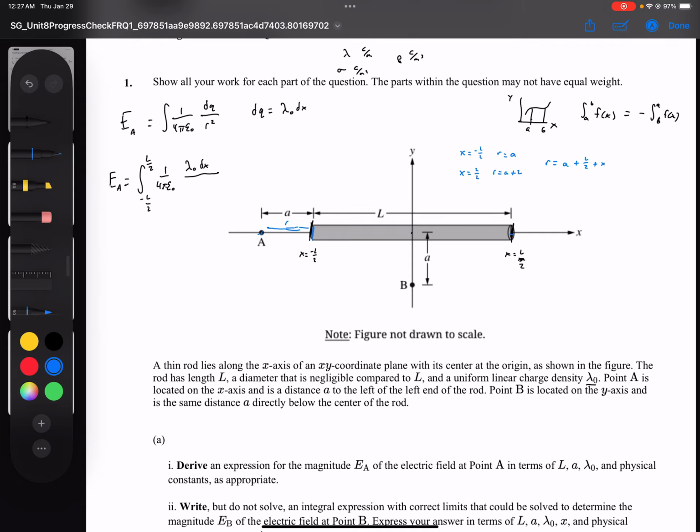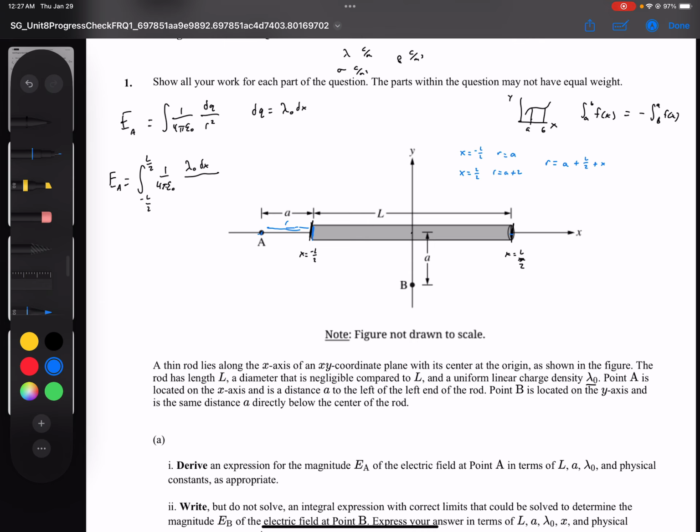And we can check. So let's plug in x is equal to negative L over 2. We have negative L over 2 plus L over 2. Okay, that's 0. So is my first infinitesimal charge a distance a from the point that I'm analyzing? Yes. And then when x equals positive L over 2, and then I add L over 2 to it, I get a distance of L, the length of the rod, plus a.